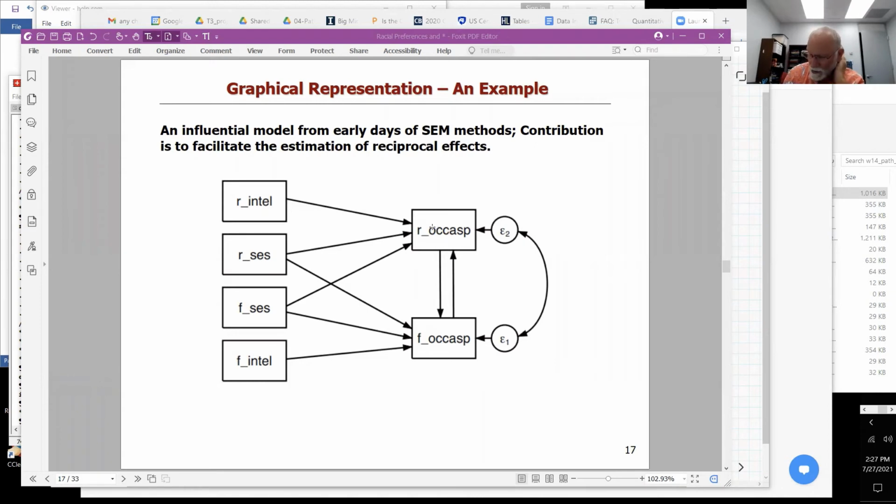And in the stratification literature, it's hypothesized to be a reciprocal relationship, and people were setting out trying to estimate the effect. Can you estimate that in a single equation approach? And the answer is no. Can you estimate it in a multi-equation analysis?